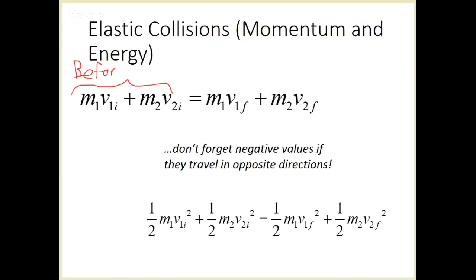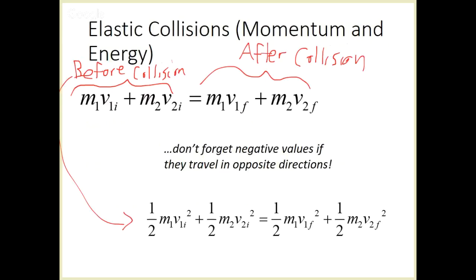And the grand total momentum after the collision is going to be over on the right side of the equation. And honestly, I could say the same thing for the kinetic energy equations. Before the collision is on the left side of the equation, after the collision is on the right side of the equation.